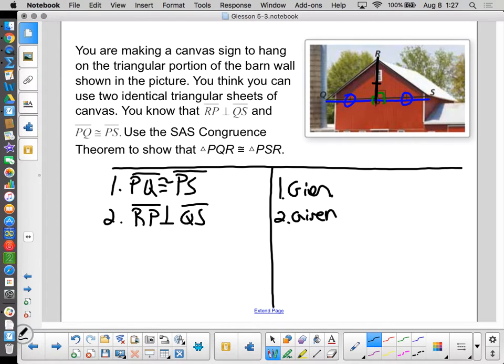Well, we know that if a pair of lines is perpendicular, they intersect to form four right angles. So, we know that angle RPQ and angle RPS are right angles. We get that from the fact that it's perpendicular. Definition of perpendicular.